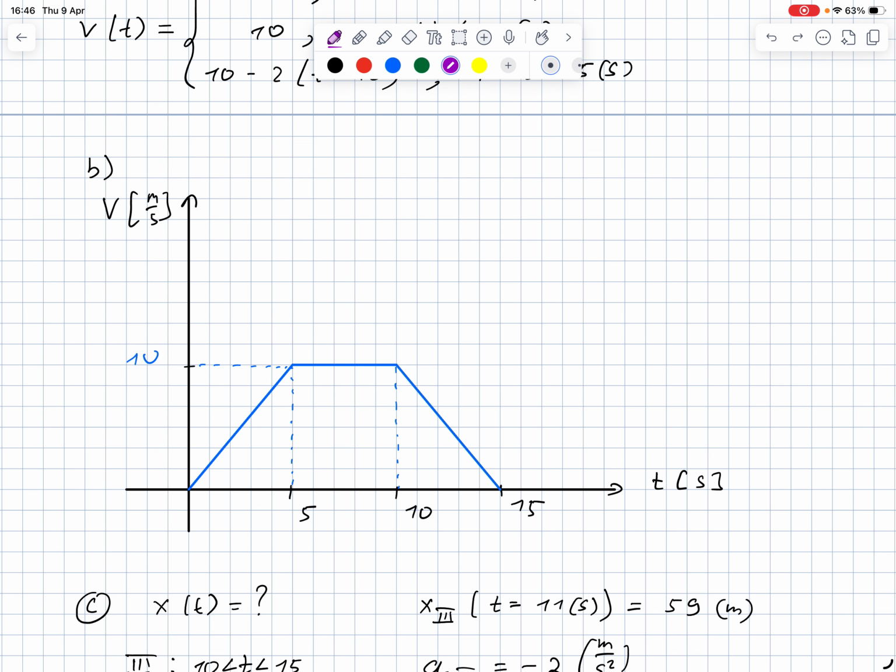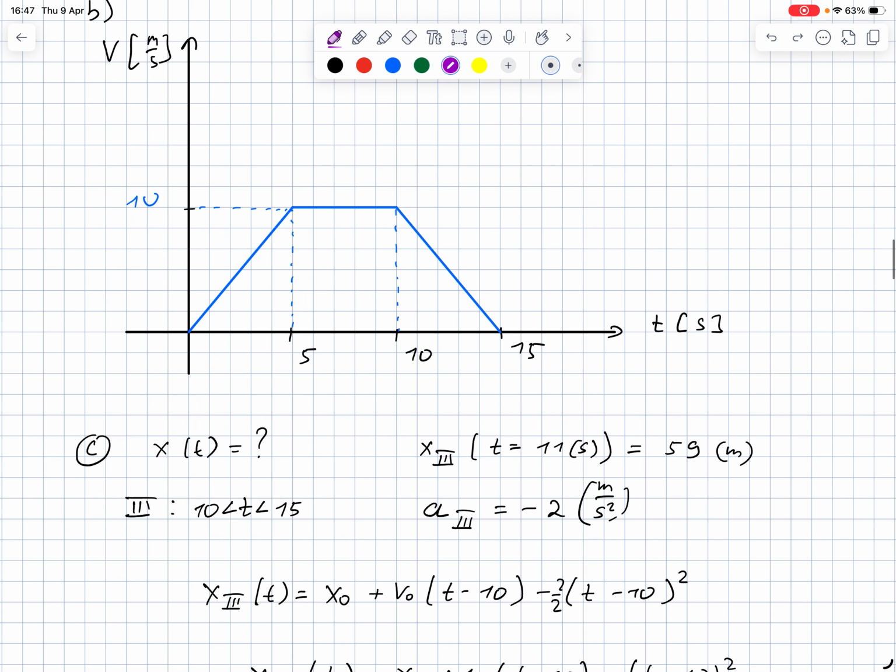Okay, part C, we need to find a function that represents the position of the object. Again, we are going backwards from the last interval, then to the second interval, and finally to the first interval.